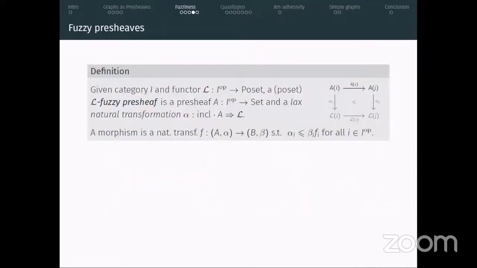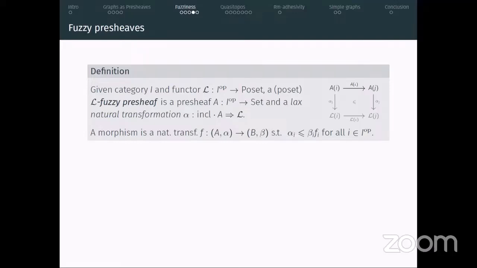And generalizing fuzzy set and fuzzy graph, we define the notion of fuzzy presheaves. So if you take a category I and a functor that gives a poset for every object in I, a fuzzy presheaf is a presheaf endowed with a lax natural transformation. What does it mean in practice? It means that for every I, you have this membership set, or labeling set L_i, and for every I you also have the membership function.